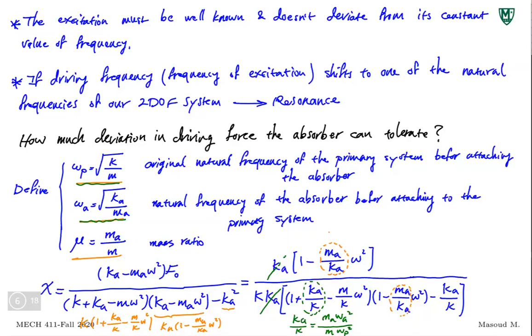Right, I got it from this term there. Square both sides, K would be m omega p squared. So I can write this as ma over m is mu. So this becomes mu times omega a over omega p squared. So that would be Ka over K. Right? I have two of that. One Ka over K here, one Ka over K there. So I can replace these two with mu omega a over omega p squared.